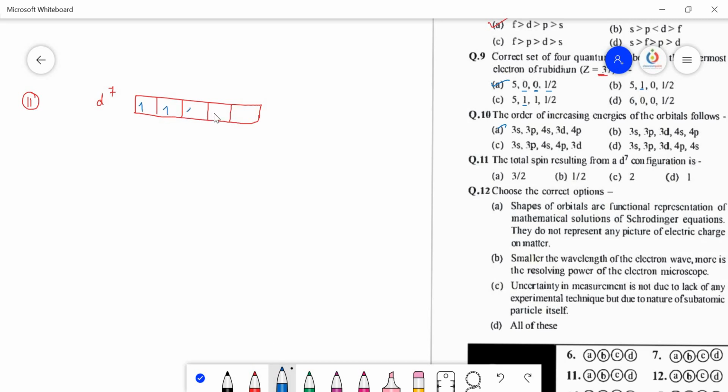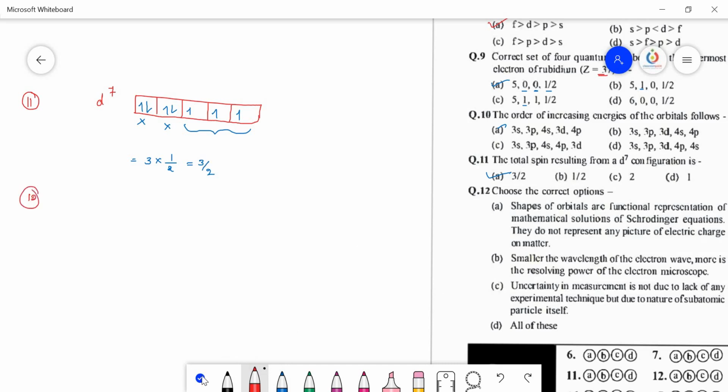Whenever electrons are paired, their spins mutually cancel, so these electrons will not be considered while calculating the total spin. We have to consider only the unpaired electrons. Here 3 unpaired electrons are there, so 3 into each electron spin, let it be half, equals 3/2, that is 1.5. Option A is correct.